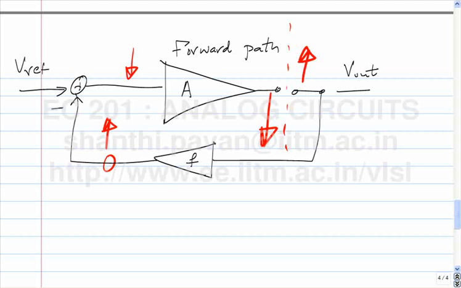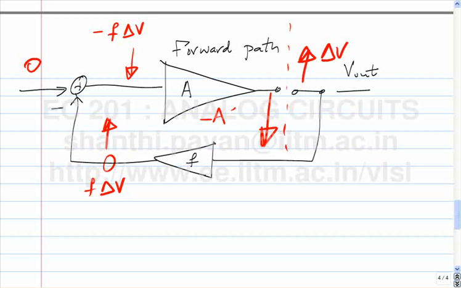If I yank this up by delta V, what is the numerical value of the quantity here? F delta V. Let's assume Vref is 0. What happens? The error becomes minus F delta V. So what happens to the quantity here?